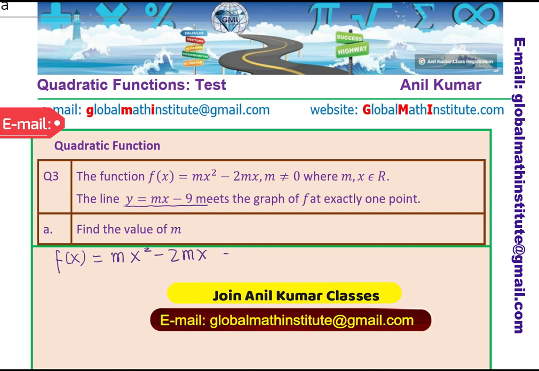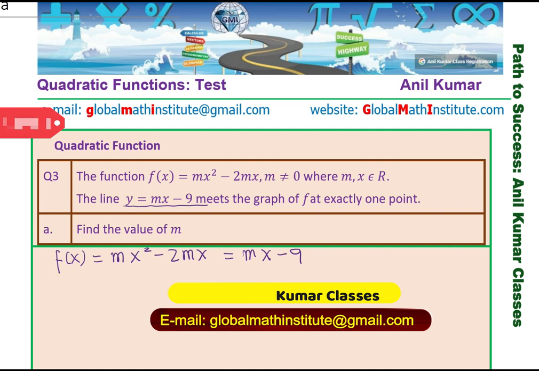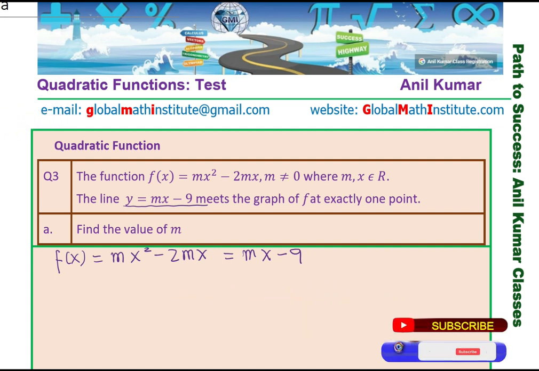So if I equate this to the equation of the line, what do I expect? I expect a quadratic equation which will have only one solution.